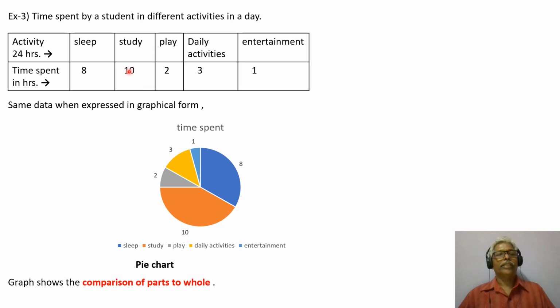That means his study area is more, sleep is a little less, and entertainment very little. So the graph shows comparison of parts to whole. Remember when a pie chart is used.